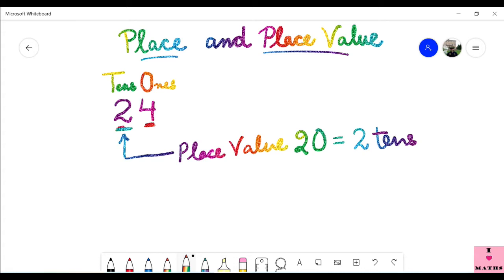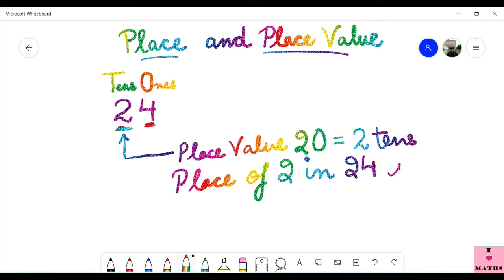And if we are asked at which place is 2, then we would say that the place of 2 in the number 24 is tens place.